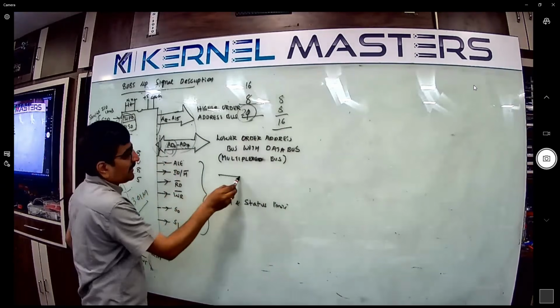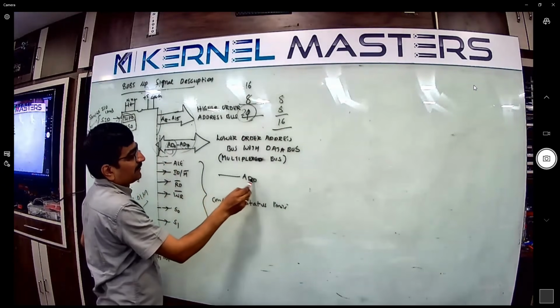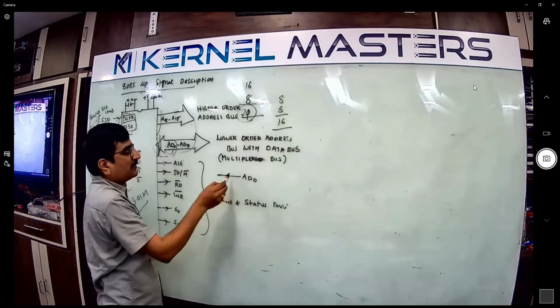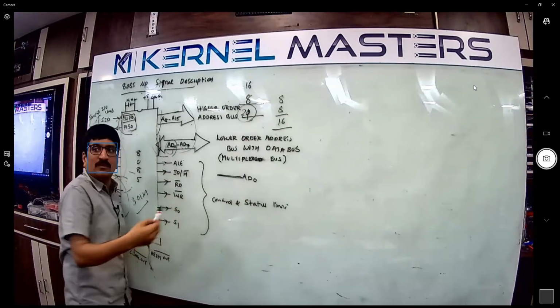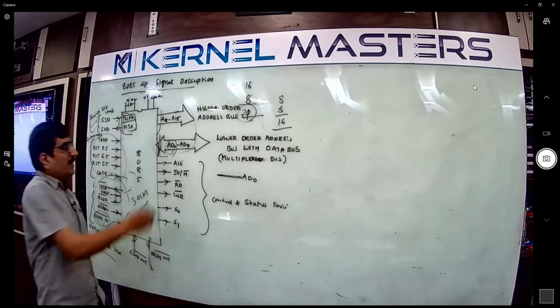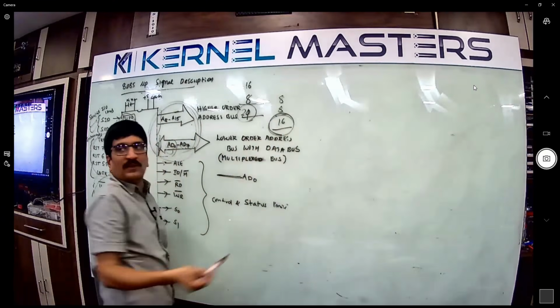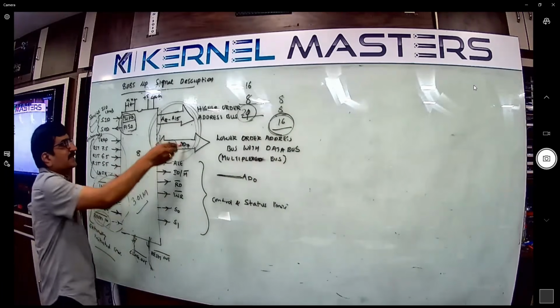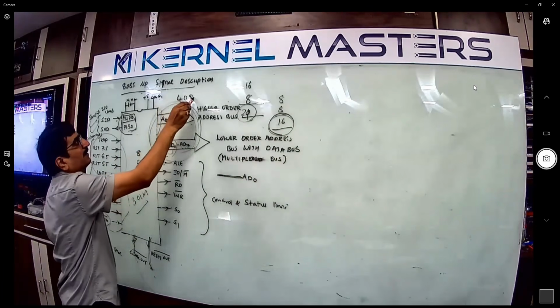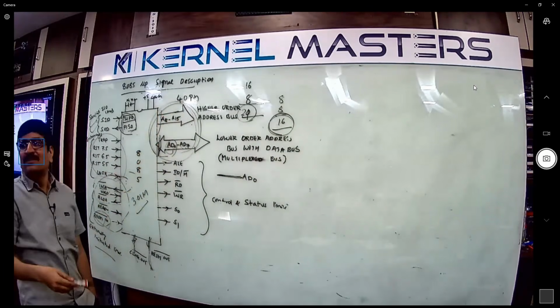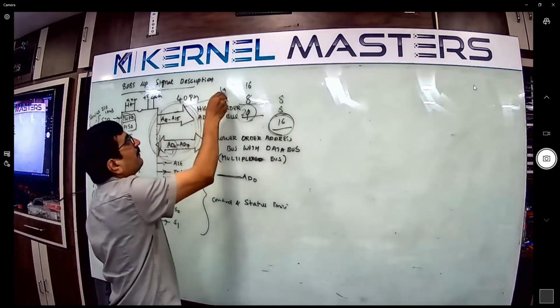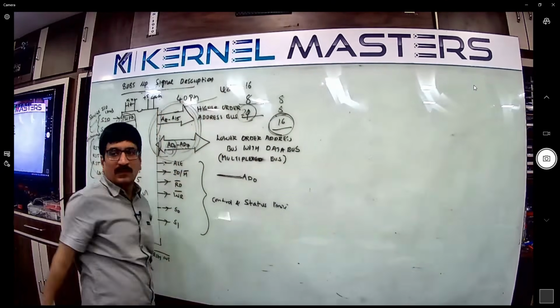So one pin is AD0, one line. It can act as address and also act as data. Multiplexing. Why do we go for the multiplexing concept? What advantage? It reduces the number of pins. Because of the multiplexing, the pin size is 40 pins only. If multiplexing is not there, how many pins are required? 48 pins.